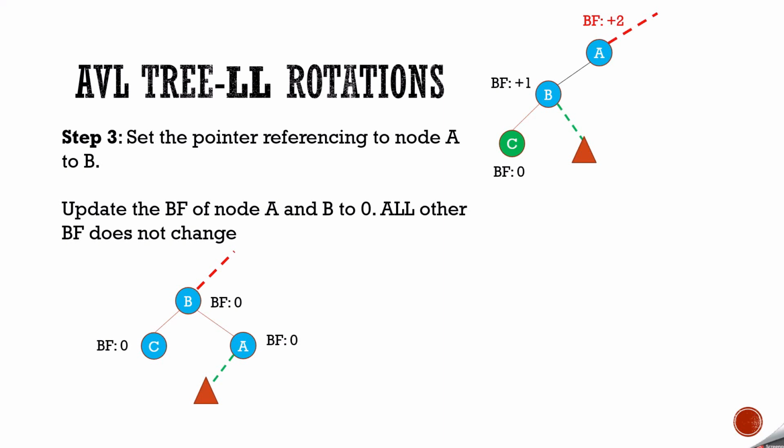Once I have done my rotations, the task is to update the balancing factor. In such a case, there are 3 nodes: node, left, and new node. The balancing factor of all 3 nodes automatically becomes 0. You have to update them with the value 0, and the balancing factor of the rest of the nodes remains the same.